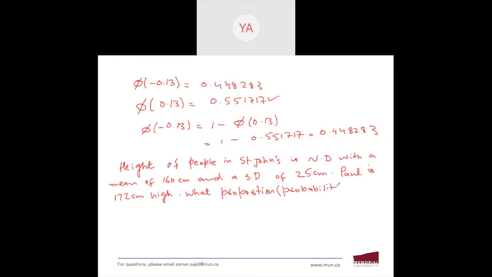What proportion of people in St. John's are lower than Paul's height?